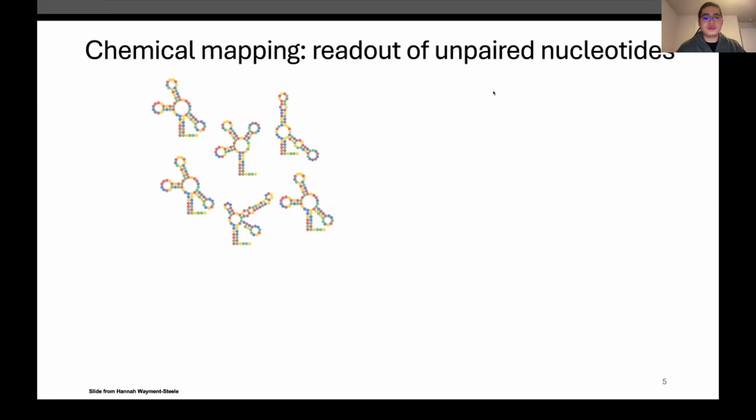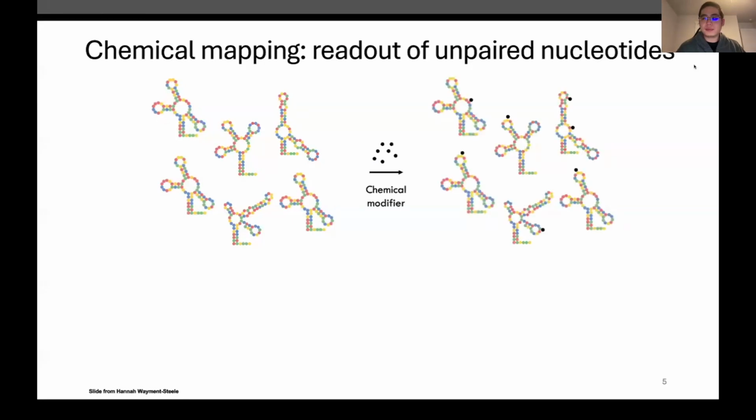we turn to a different type of data, which is chemical mapping data that uses readout of unpaired nucleotides. You attack RNA molecules with a chemical modifier and read out the changes in the sequence.